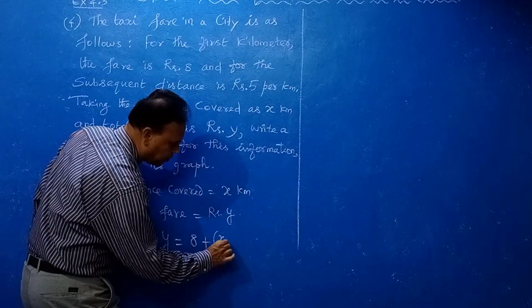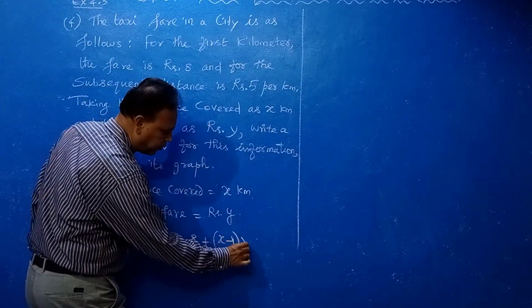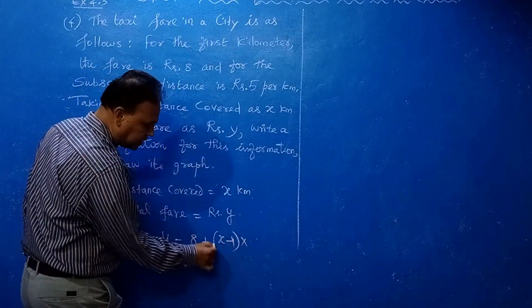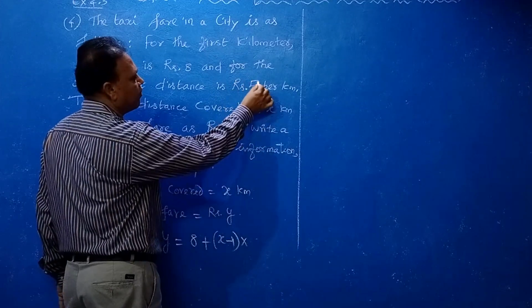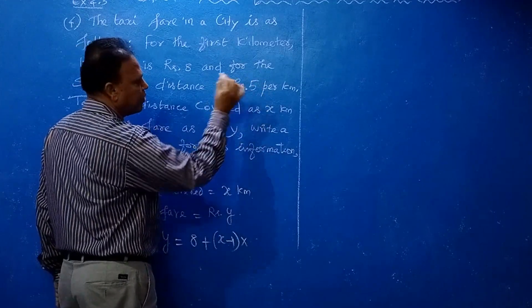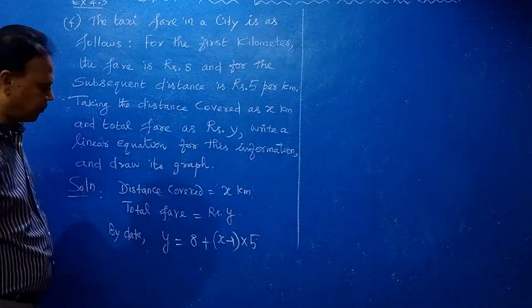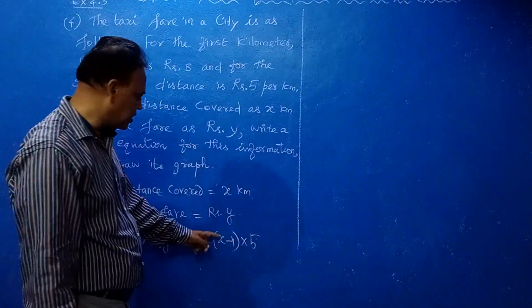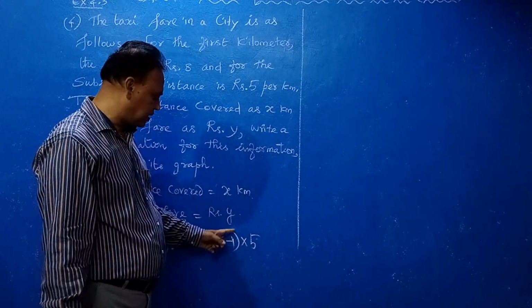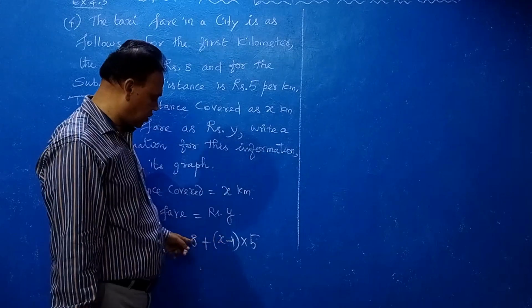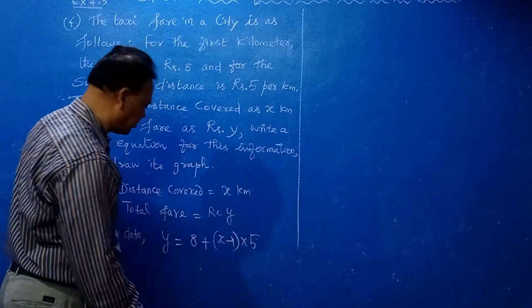So x minus 1, into 5 rupees per kilometer. This distance into this fare, you have to multiply.